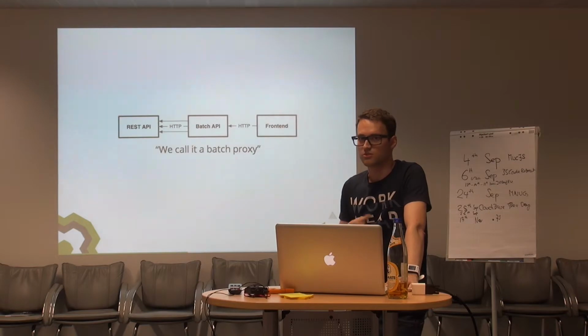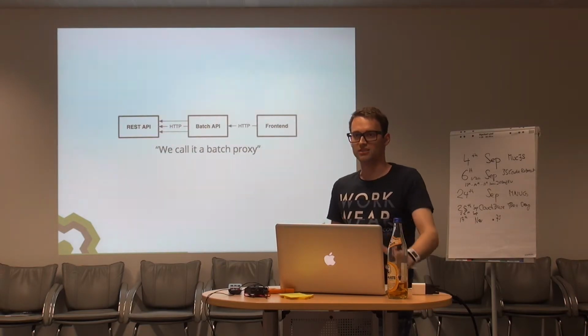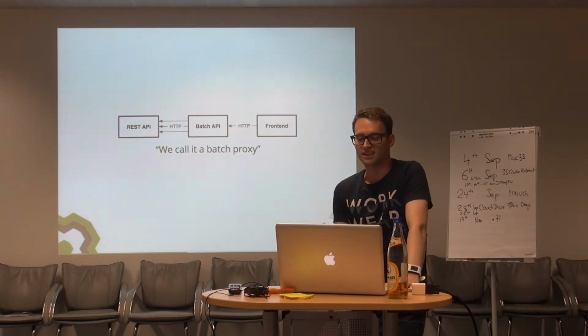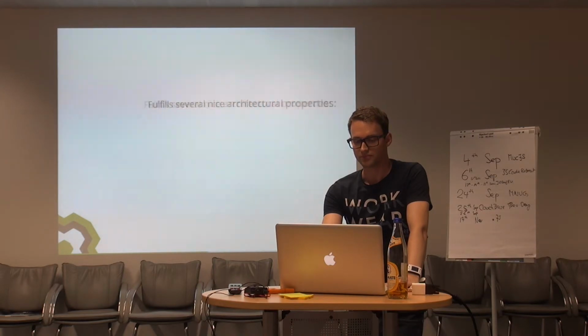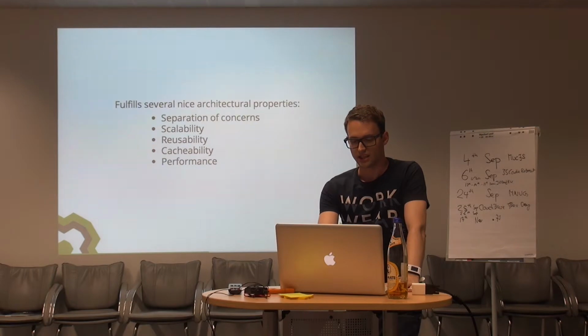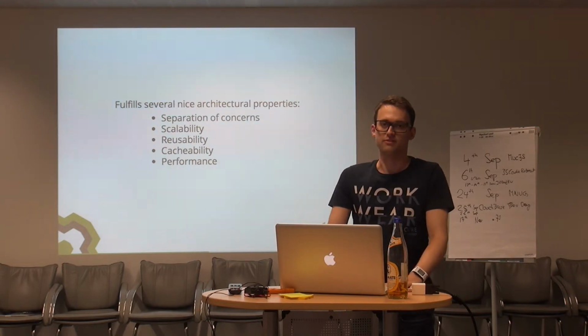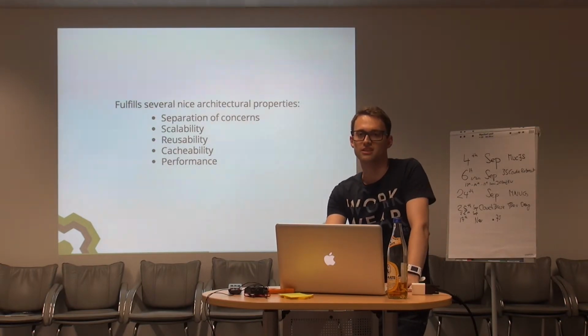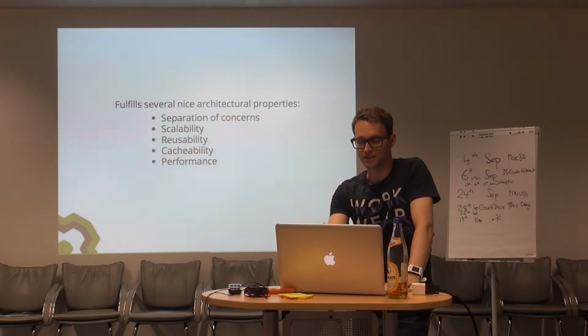If it contains one single modifying request, you can't cache it anymore. And performance-wise, it's a benefit because the front end, for example for boot up, just has to send one request to the backend.